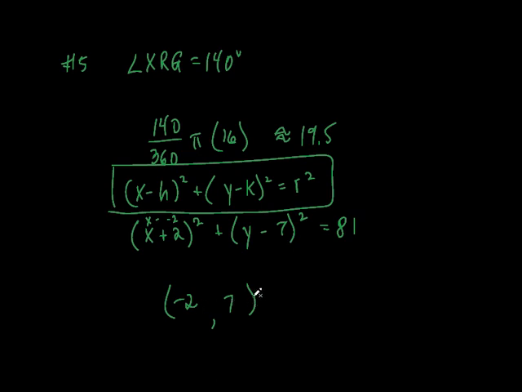That's the center of the circle. Once you get used to this, it's just the opposite sign of what's in here. So that's -2, 7, and the radius is 9. Most people got those last two right.